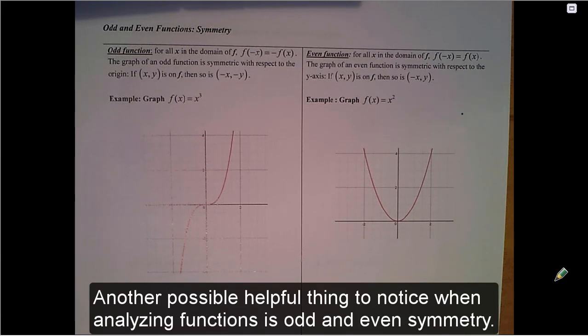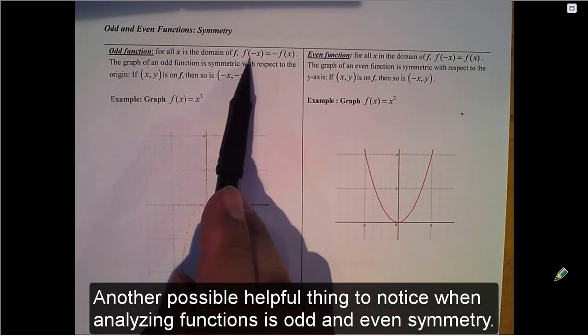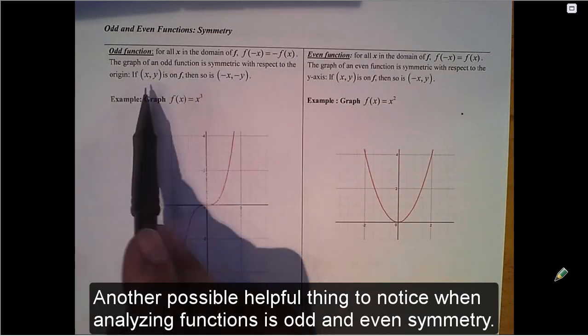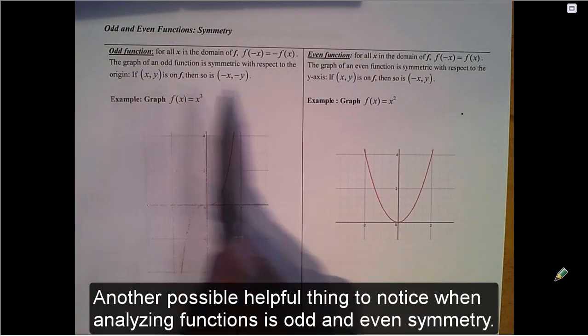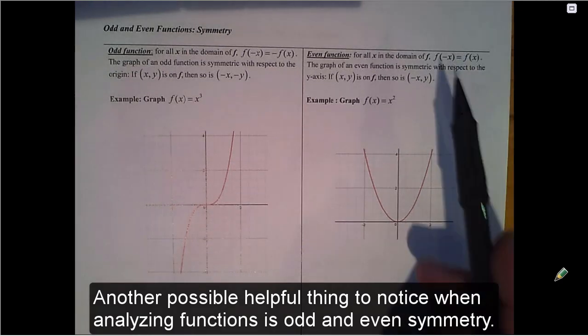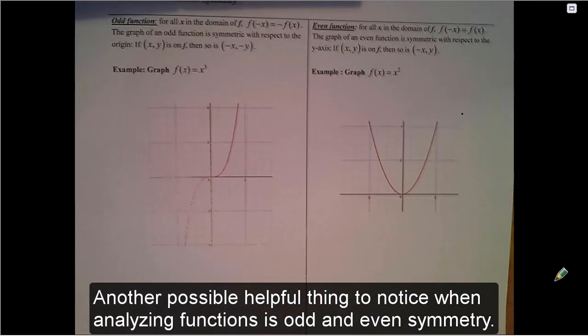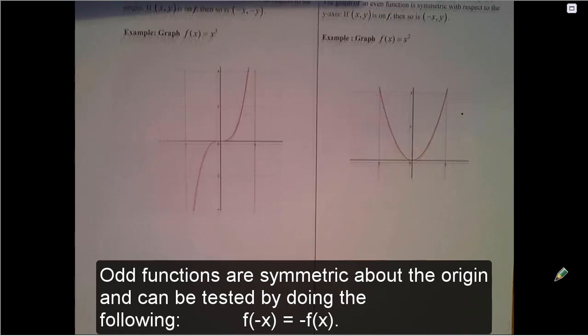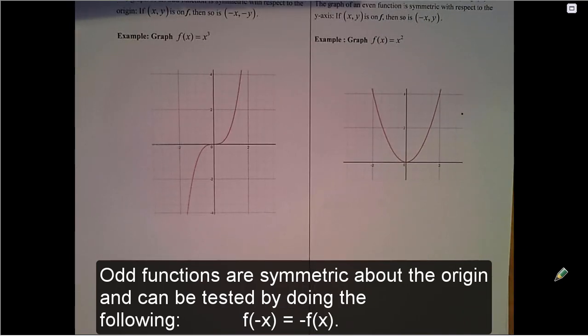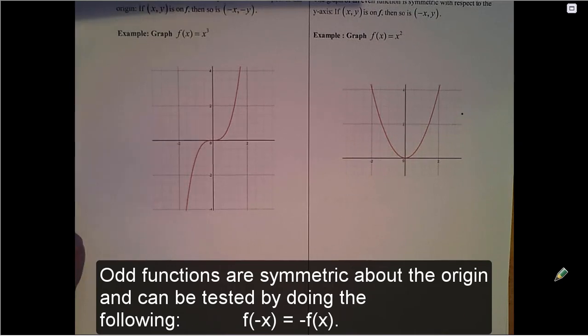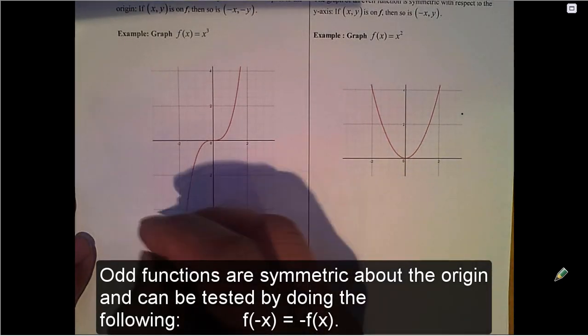Another possible helpful thing to notice when analyzing functions is odd and even symmetry. Odd functions are symmetric about the origin and can be tested by doing the following: f of negative x being equal to negative f of x.